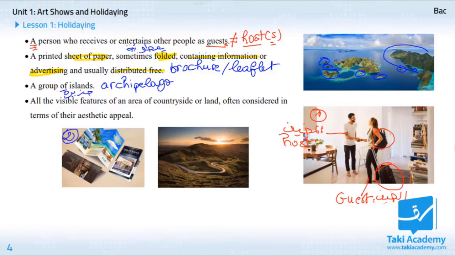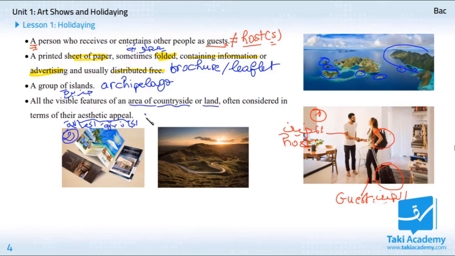Finally, all the visible features of an area of countryside or land often considered in terms of their aesthetic appeal. Aesthetic appeal means الجاذبية الجمالية, something like that. So they're really beautiful. And we're talking about an area of countryside or land. It's beautiful.